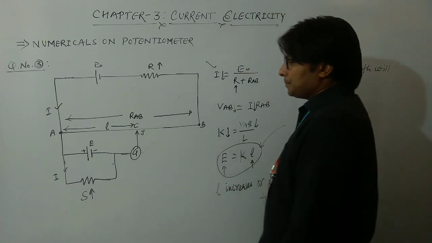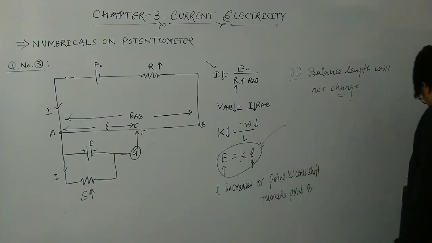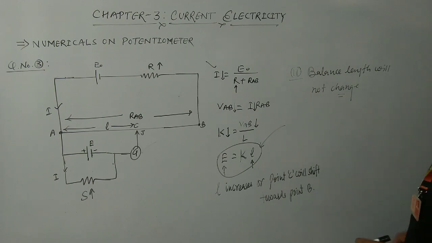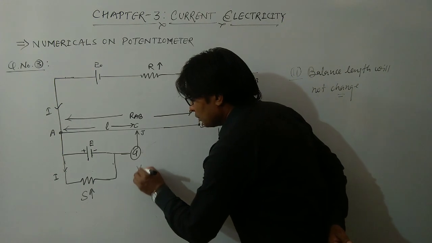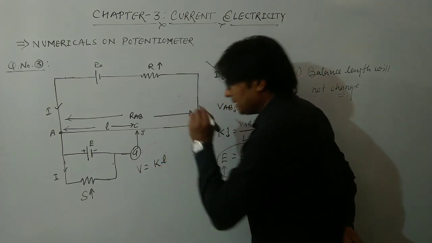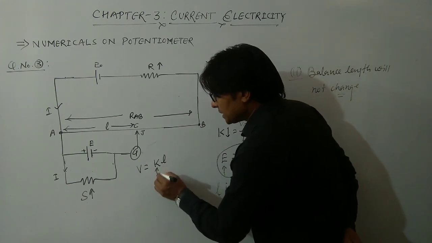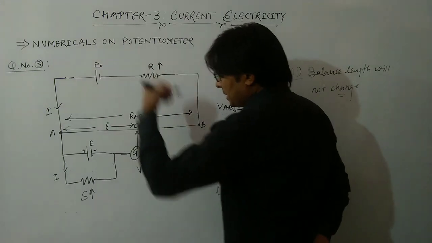Okay, so now the balance length L will correspond to the terminal voltage. So I can write here V is equal to K into L, where K is constant because it depends only on the primary circuit and there is no change in the primary circuit.